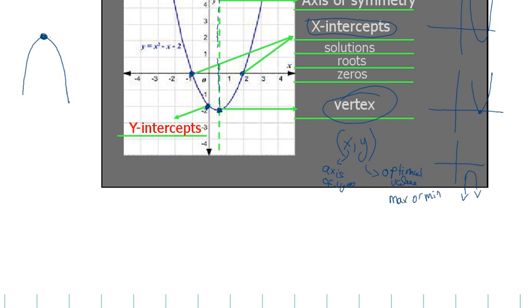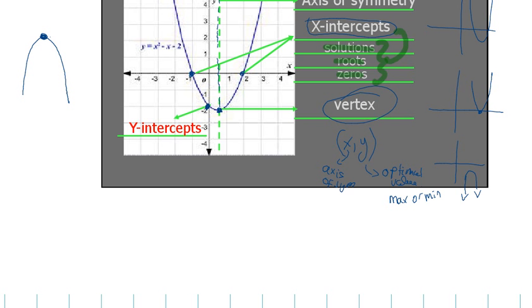Are we okay with this? Yes? Go over the solutions, roots, and zeros again. Yes. So the x-intercepts are also called solutions, roots, and zeros. So these three, they mean this. Okay?